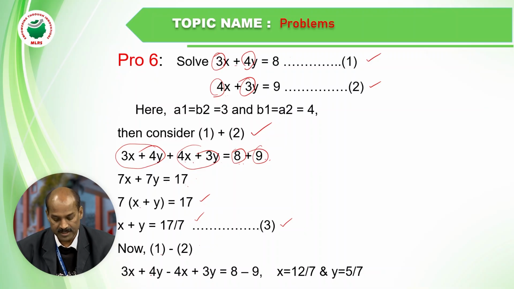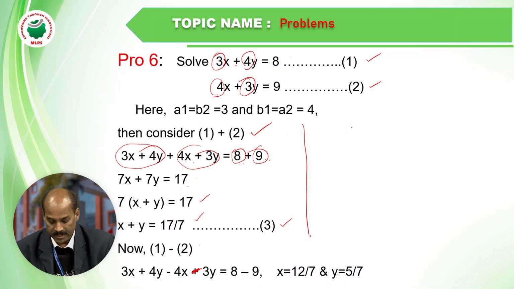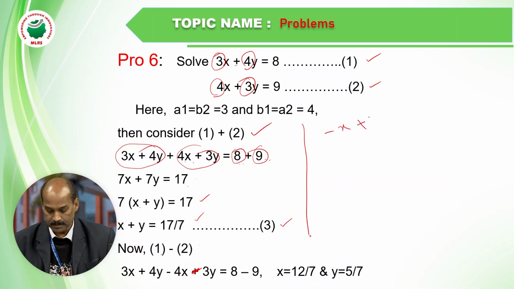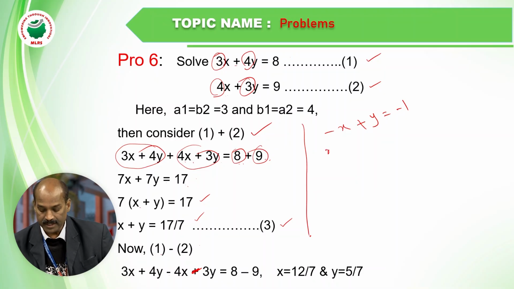So then 3x plus 4y minus 4x minus 3y equals 8 minus 9. 3x minus 4x is minus x, and 4y minus 3y is plus y, equals 8 minus 9, which is minus 1. Now multiply by minus 1. Then we will get x minus y equals 1. Now you call it equation 4.